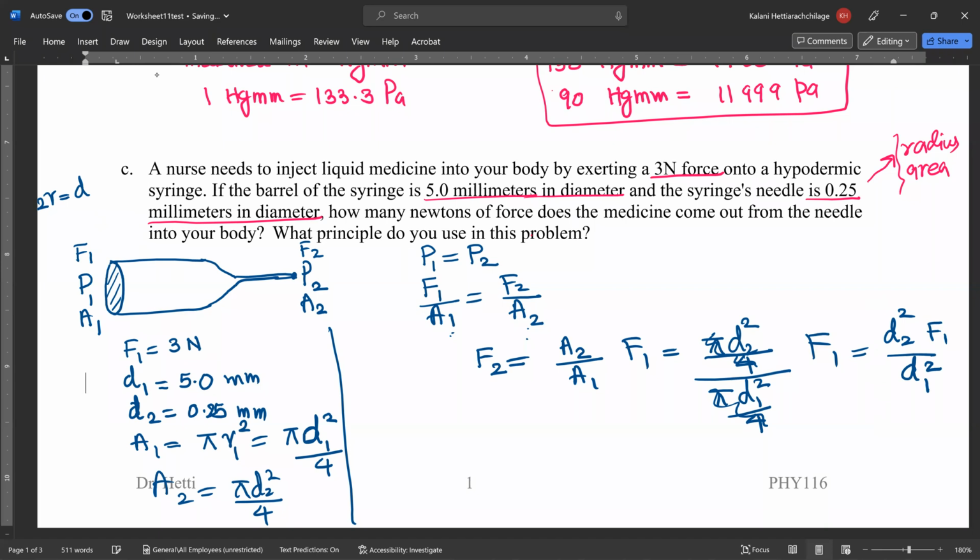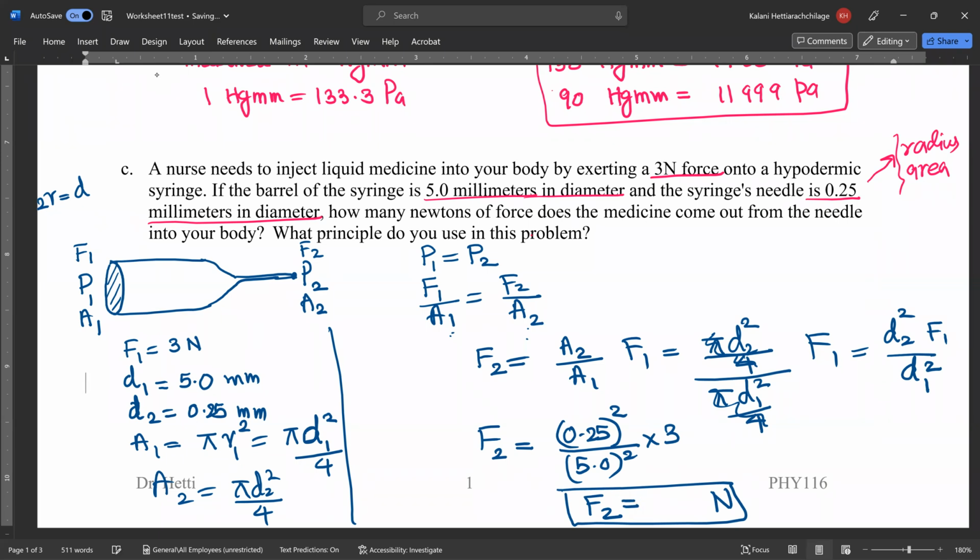That's why I did not convert any of the units here, since units will cancel out. So now d2 will be 0.25 to the power 2, divided by d1, 5 to the power 2, times F1, which is 3 newtons. So now you will get F2. What do you expect from F2 in this case?